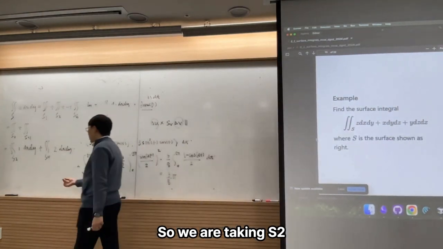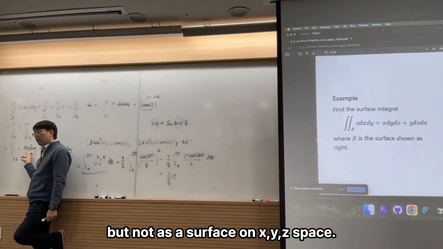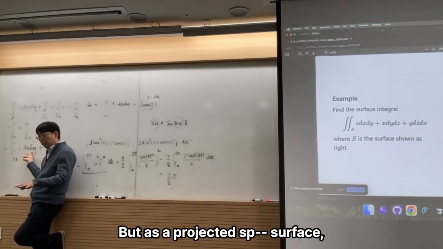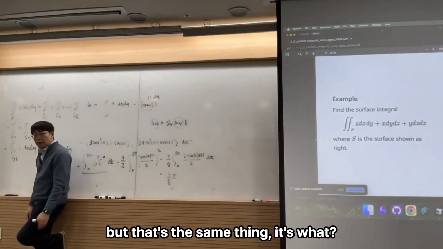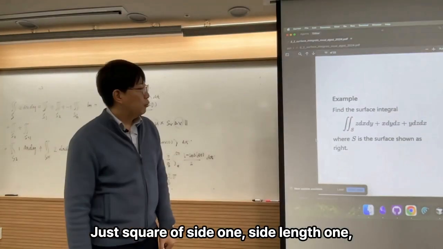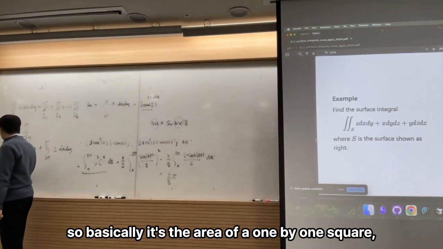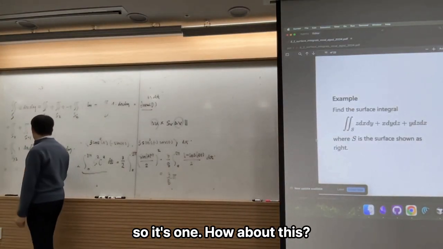So we are taking S2, not as a surface in XYZ space, but as a projected domain on the XY plane, but that's the same thing. It's just a square of side length 1. So it's the area of a 1 by 1 square, which is 1. How about this?